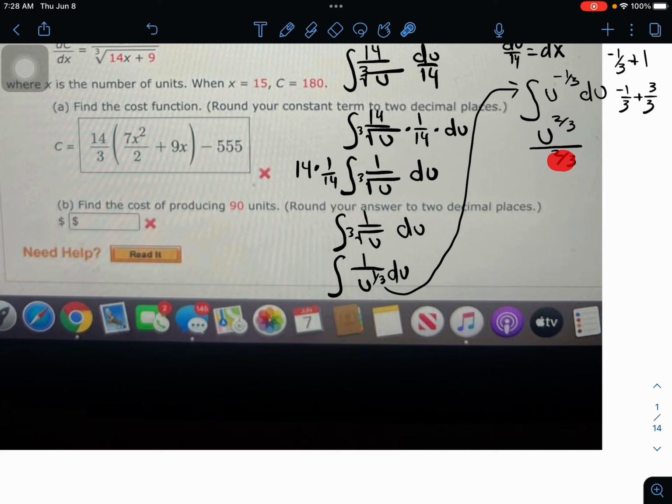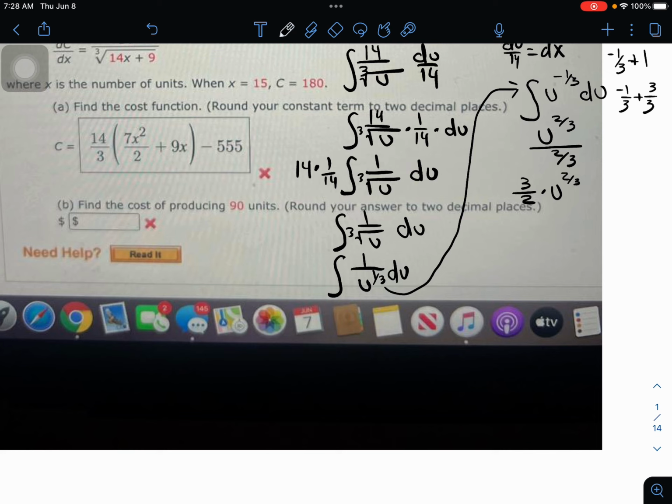You flip it and then you multiply. So dividing by 2/3 is the same as multiplying by 3/2. So that's 3/2 times u to the 2/3.